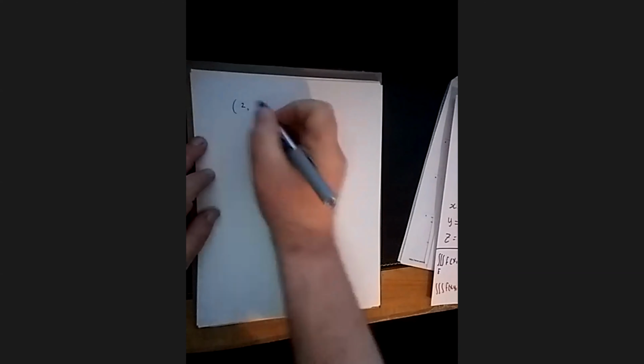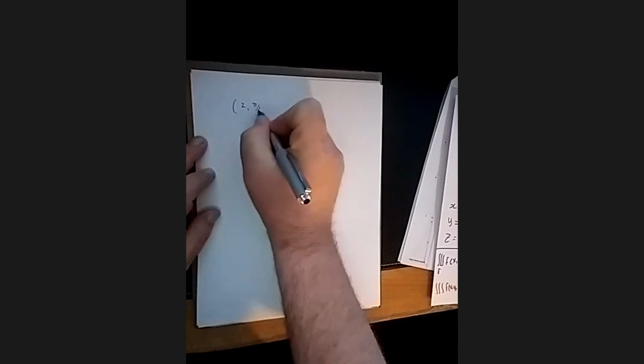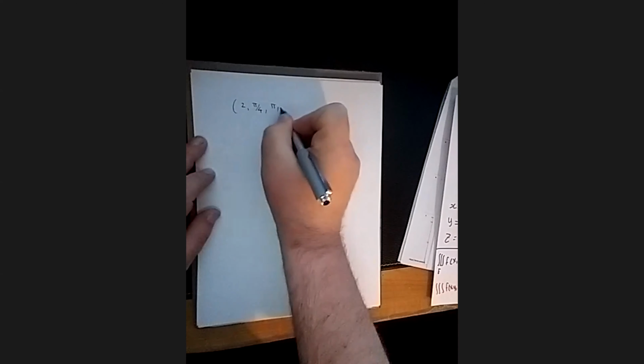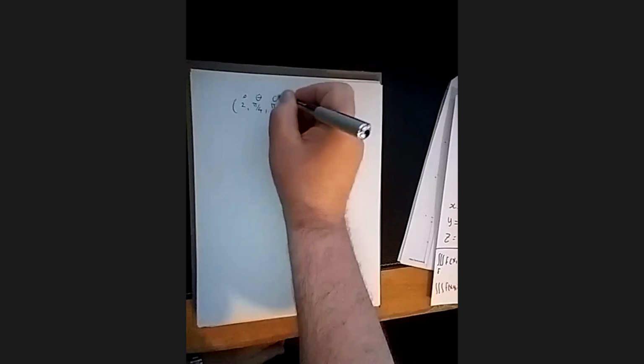So let's suppose I had a point in spherical coordinates: 2, pi upon 4, pi upon 3. Now, that's the rho, that's the theta, that's the phi.